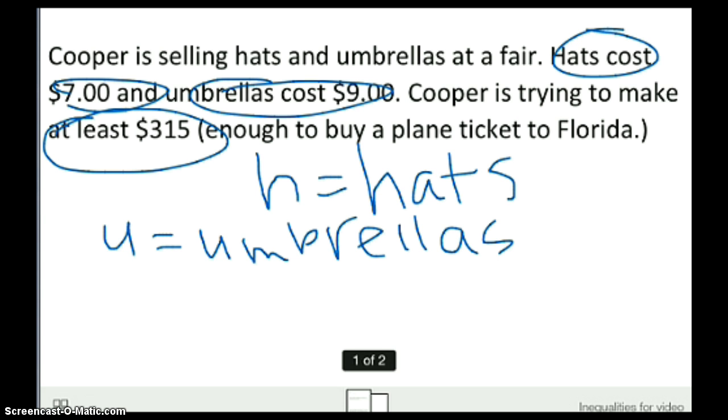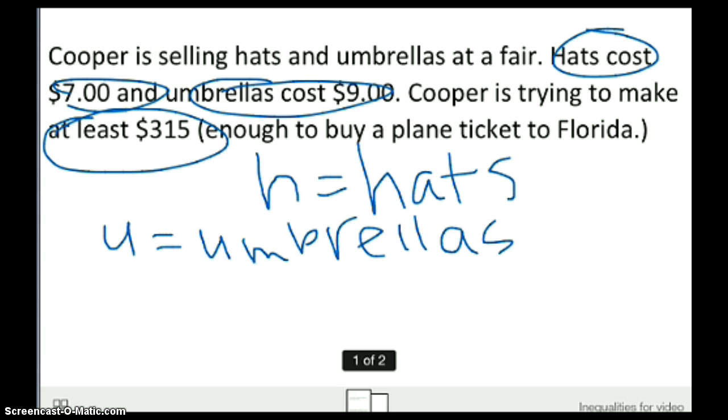He's going to have hats and he's going to have umbrellas, and we're going to need to put those total amounts together. So think about how much will he make on hats. How will you write that? It's $7 for each hat, and he's selling H hats. And it's $9 for each umbrella, and he's selling U umbrellas. Okay, so how will you write those two amounts, and then how will you show that you're putting them together?